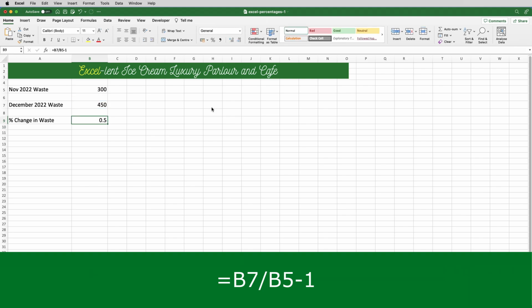Now, the reason that we subtract 1 is if we don't, it will just give us 1.5. So that is showing me that the 450 is 1.5 times as much as the 300. But in percentage terms, that's 150%. So if I subtract a 1, which is 100%, I get the percent change.